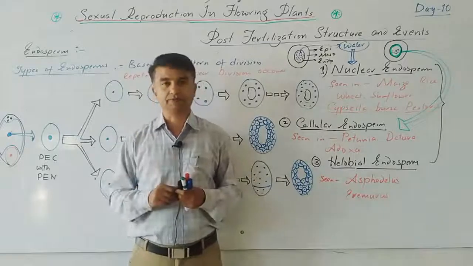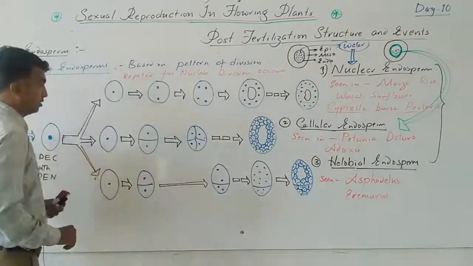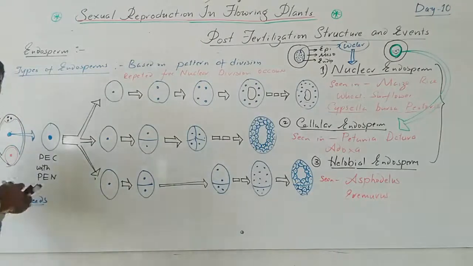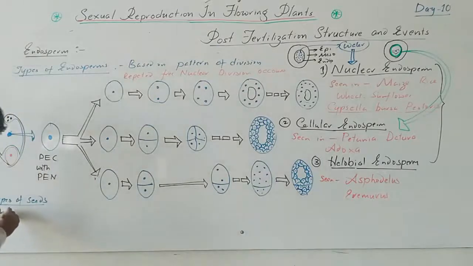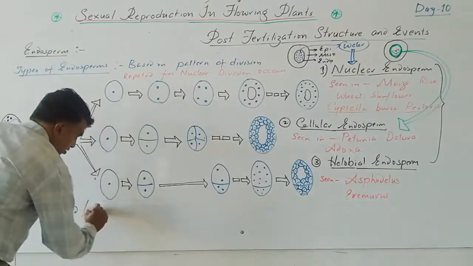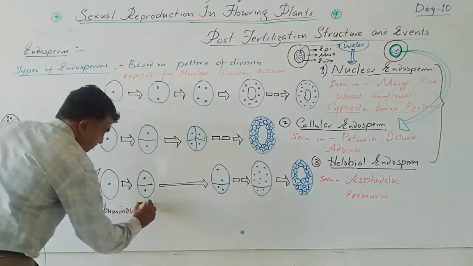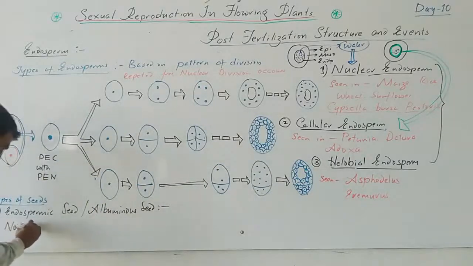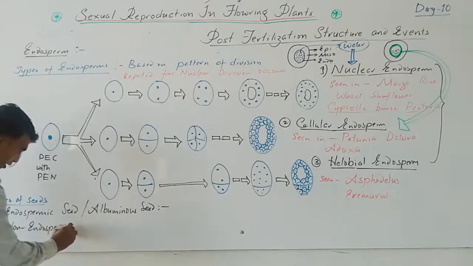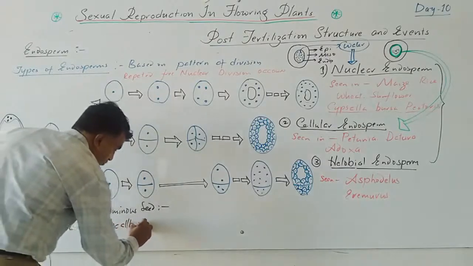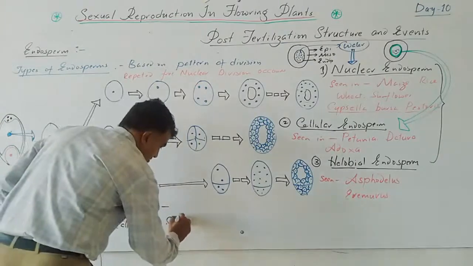Now whether this endosperm is completely consumed by the developing embryo or not. Based on the usage, that is the presence or absence of the endosperm in the seed, seeds are classified into two types. Yes, the types of seed we are going to cover now. So I will write down here, types of seeds. The first one is the endospermic seed or albuminous seed. The second one is the non-endospermic seed or exalbuminous seed.